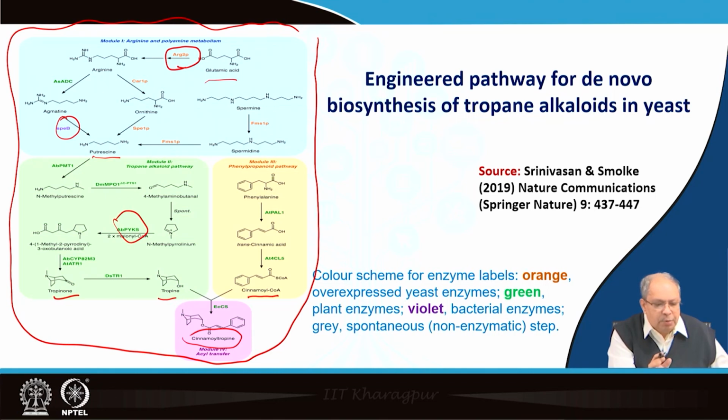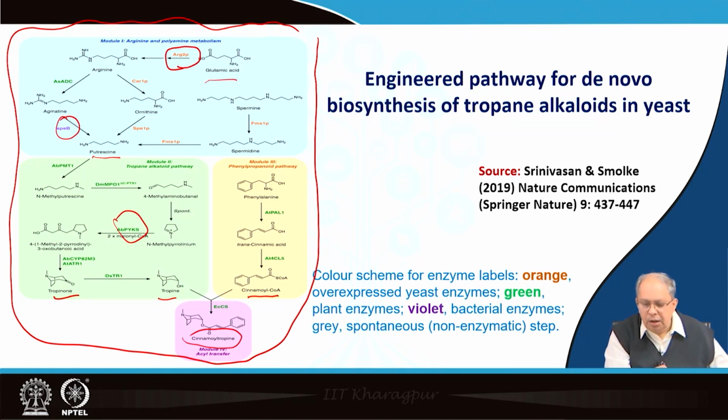So, the other yeast metabolism can be stopped, and as a result the yeast will follow this pathway of metabolism, and we see that yeast produces tropine, and along with that it also produces cinnamoyl tropine. This is a novel product.